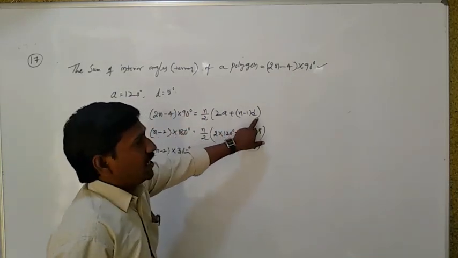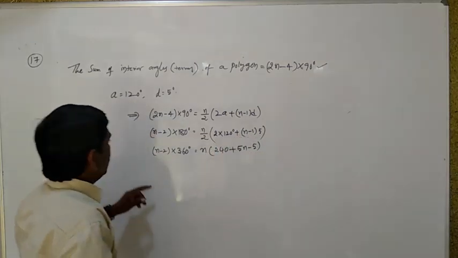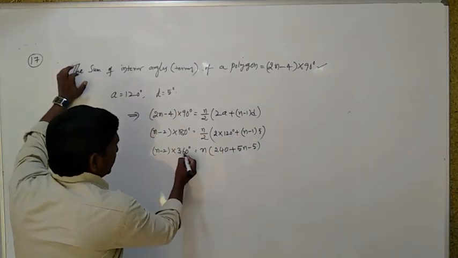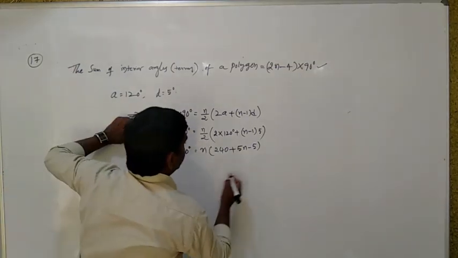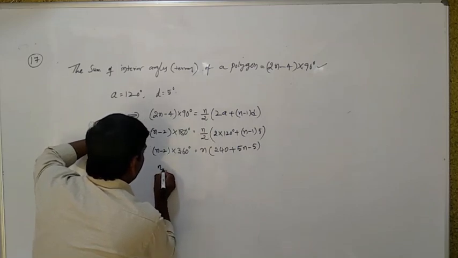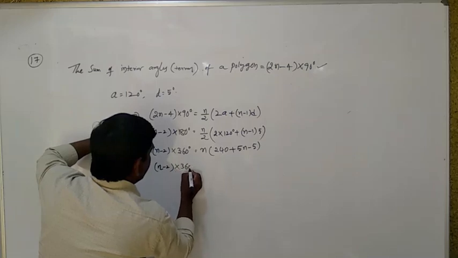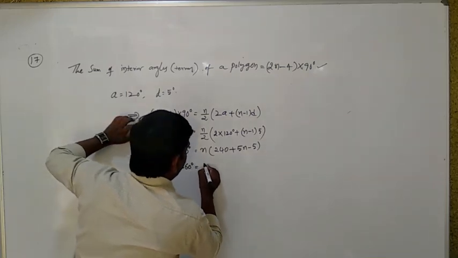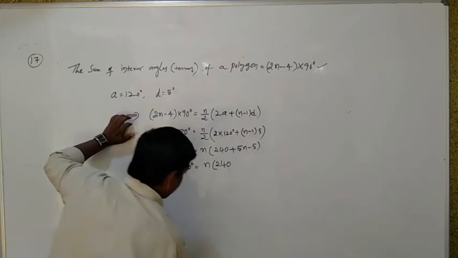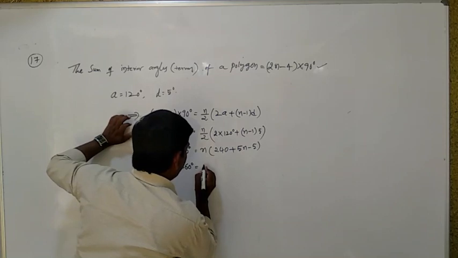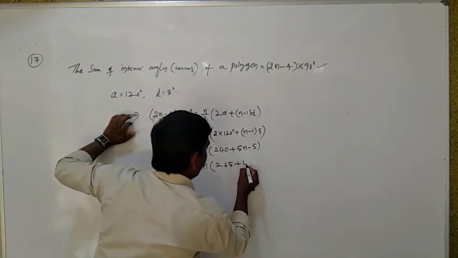Substitute A and D values. 2 into 120 degrees plus (n minus 1) into 5. So (n minus 2) into 360 degrees, because 2 multiplied by 180 degrees is 360 degrees. Here (n minus 2) into 360 degrees equal to n into (240 plus 5n minus 5), that is n into (235 plus 5n).